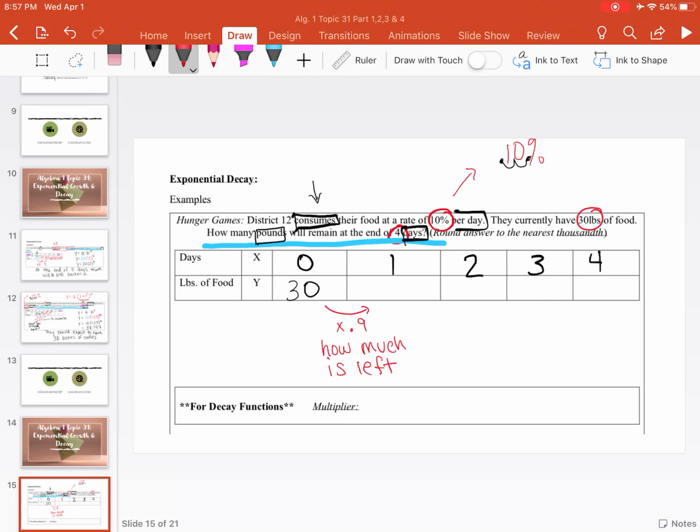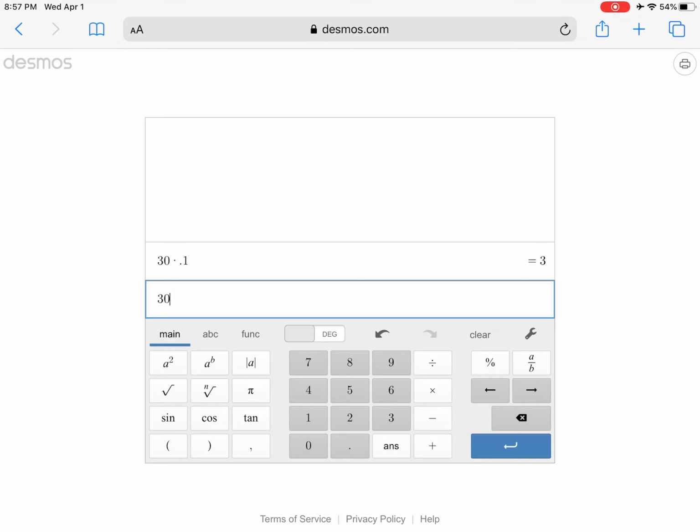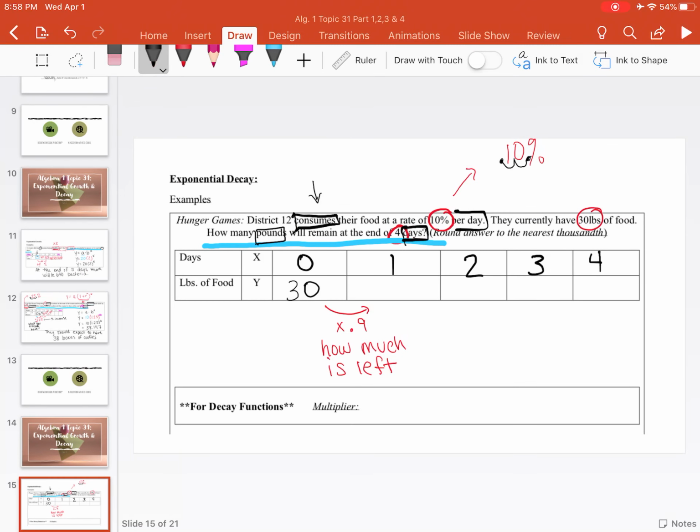So when we multiply by 0.9, what do we get? 27. That's more like it. So we will get 27. Now we can continue. We would again multiply 27 by 0.9 and get 24.3 and keep going, etc., etc.